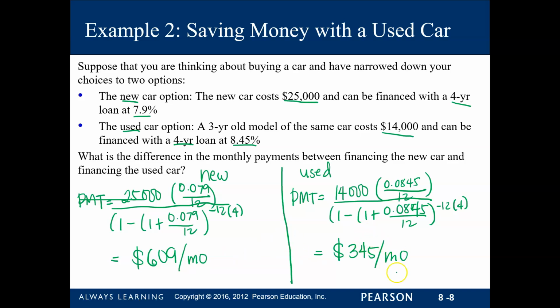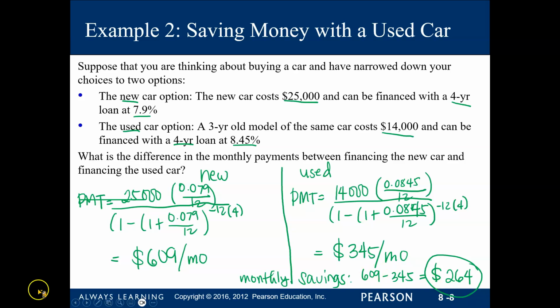So if you decide to go for the used car, which is just a 3-year-old model, not that old, your monthly savings is how much? Well, 609 minus 345, you are saving around $264 every month, and that's a good amount of money to be saving every month just for car payments.